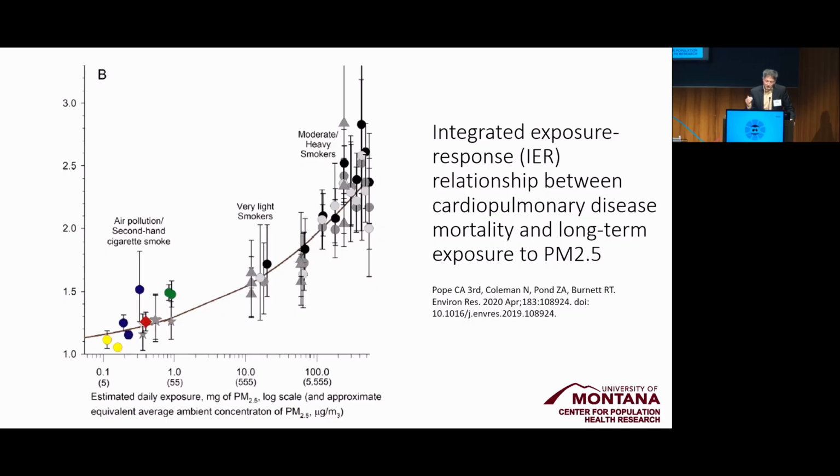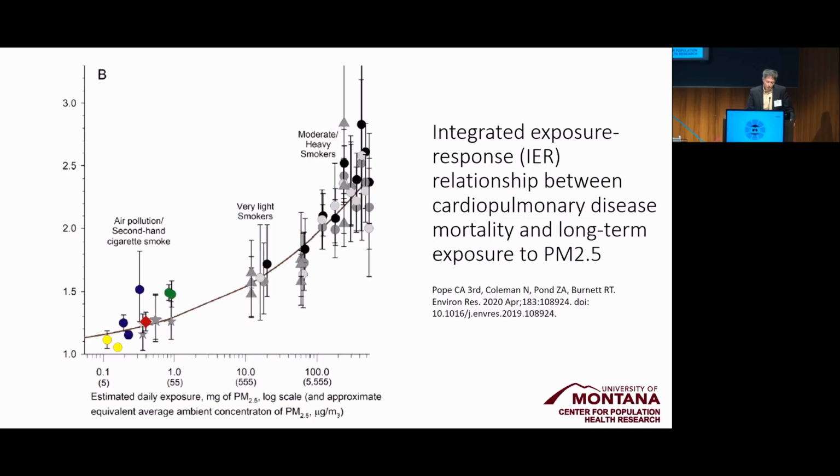But this log linear relationship holds true all the way from the very high end of heavy smokers and down to very light smokers, and then ultimately down to secondhand or environmental tobacco smoke, and then on down to air pollution exposures, which in terms of exposure concentrations overlaps with some ambient environments.